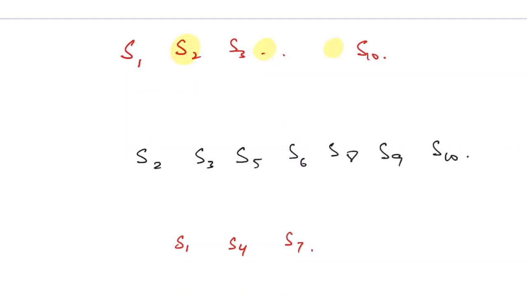So all the other students are sitting in a row. So we have 1, 2, 3, 4, 5, 6, 7, 8 gaps, right? In these 8 gaps, if these 3 students are sitting anywhere, then no two will be consecutive.